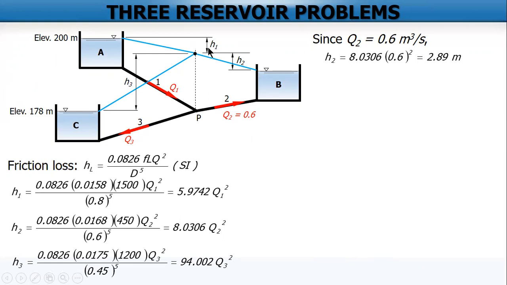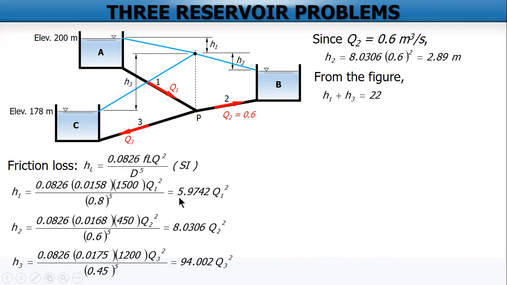So, dito pwede mag H1 plus H2. Okay, wala pa man tayong elevation sa B. H1 plus H3 equals difference of 200 and 178, 22. So, from the figure, H1 plus H3 equals 22. Wala tayo lain magkuha. Kini lang.